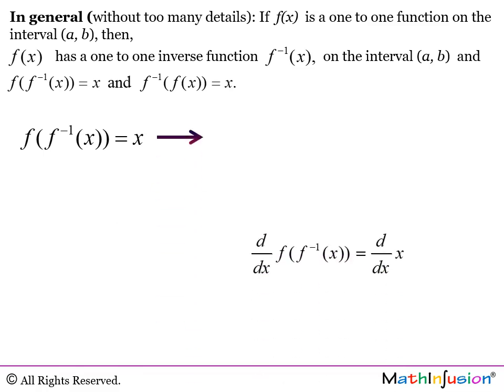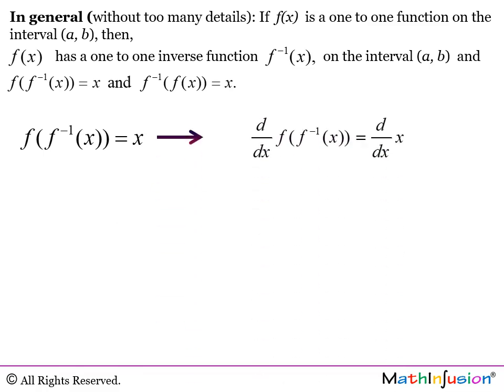It means that I can actually take this and differentiate both sides. Let's see, what do I get? Here I have to use the chain rule. And here I just get d/dx of x, which is 1.